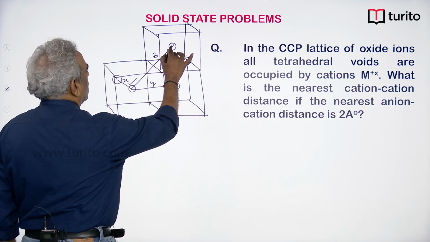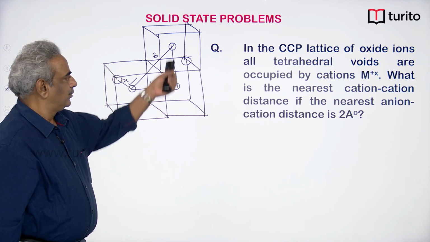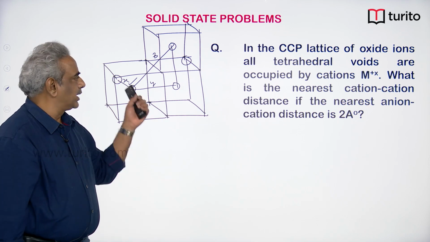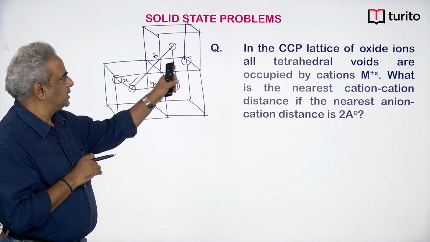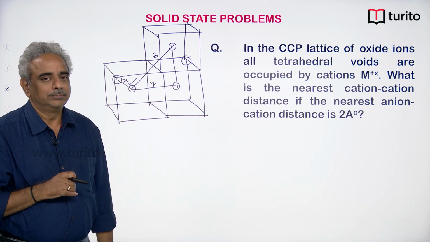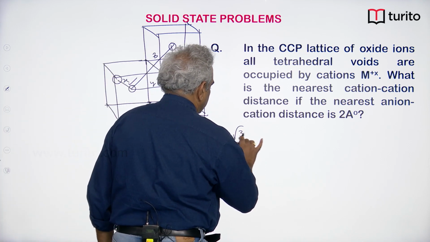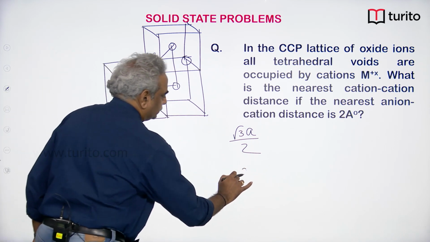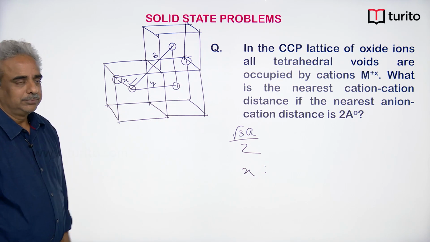So, if you draw a triangle like this, you will get a right-angled triangle, you can calculate this distance. So, this is A, this is A, and that is going to be root 2a. So, what is the nearest distance first? Root 3a by 2, that is x. From here, what is the next nearest?